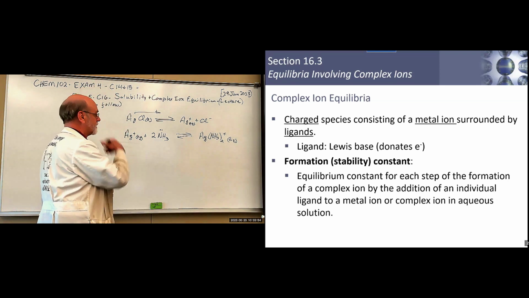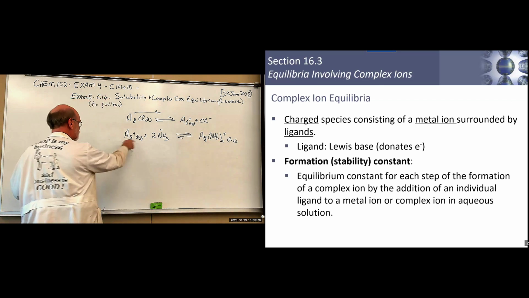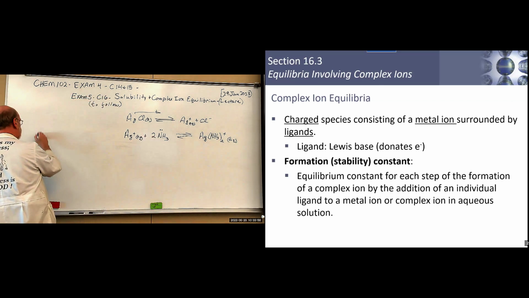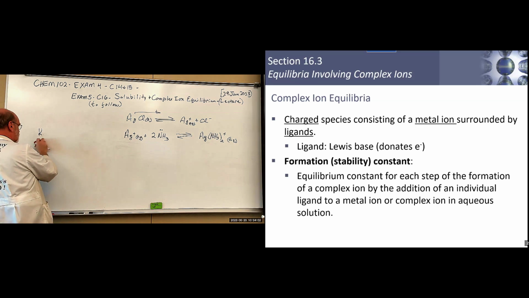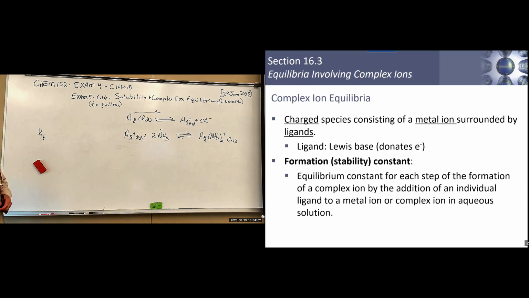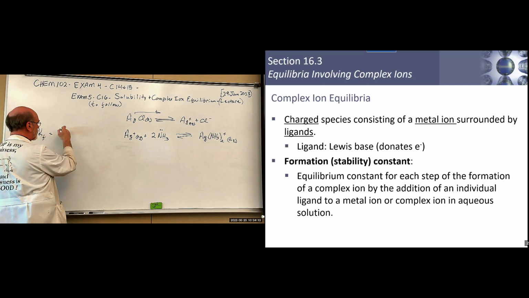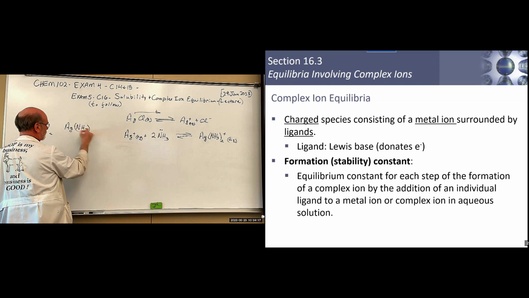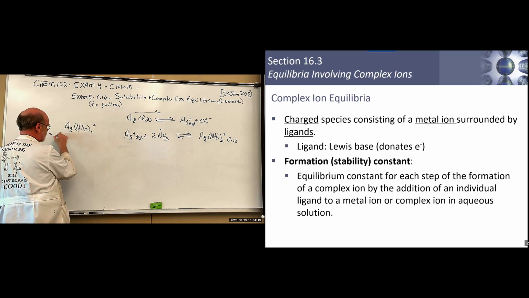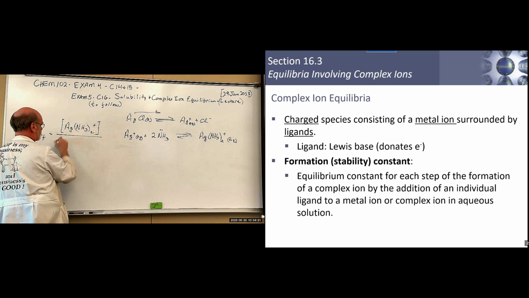Okay. So the KSP for this would be written how? Actually, it's not KSP. It's KF. Formation constant. Because we're not solubilizing anything, it's already soluble. So the formation constant would then be products divided by reactants.